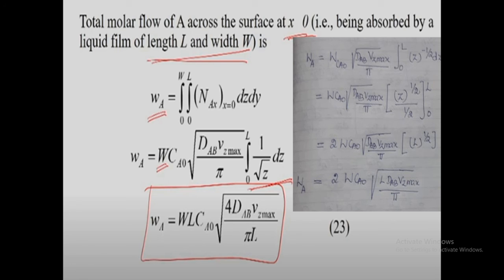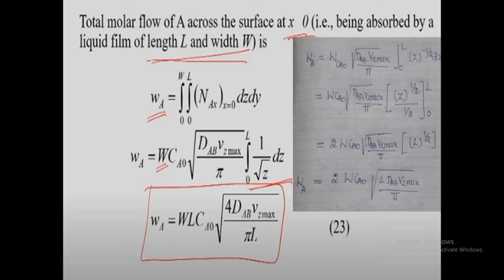W C_A0 root L is there. So what do you do? Root L is nothing but L by root L. So L by root L is equal to root L. So we have the final expression with root L only. You refer to the right side. So the root L is written as L by root L.